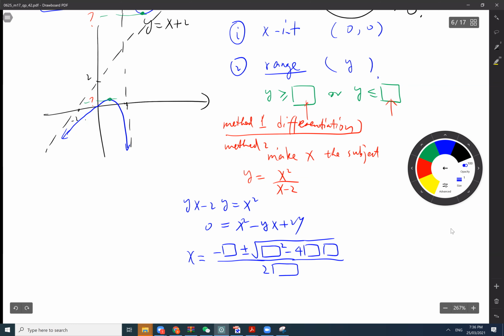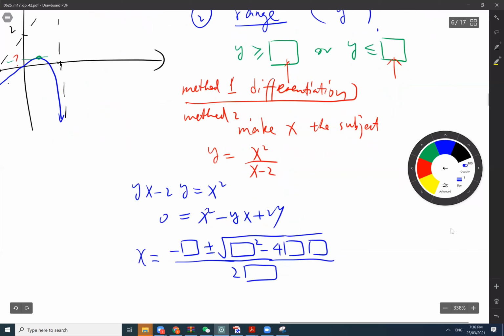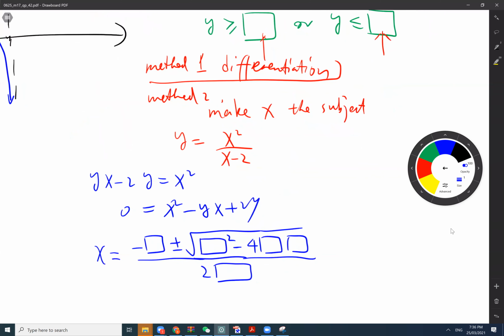What's this? Yeah, quadratic formula. Eden, in the quadratic formula, what are a, b, c here? What's b? Very good, negative y. a is just 1. What's c, Eden? 2y.